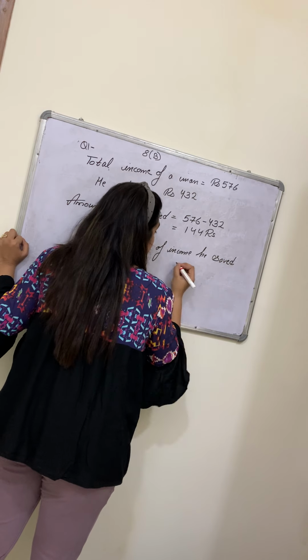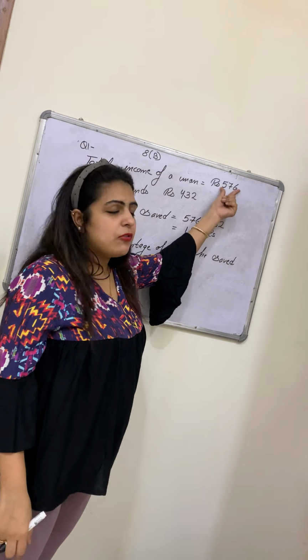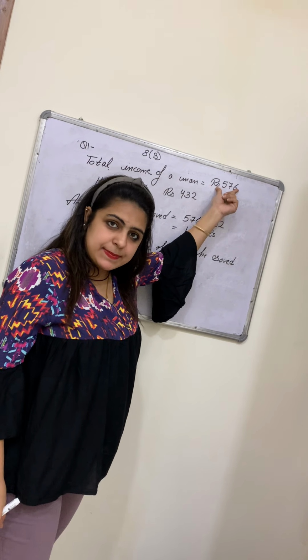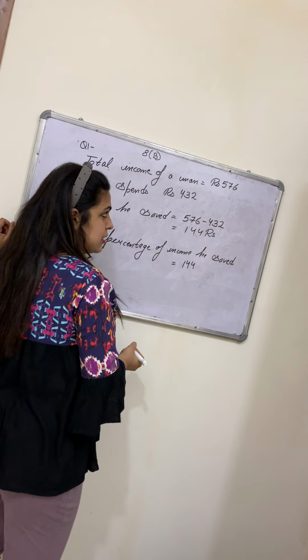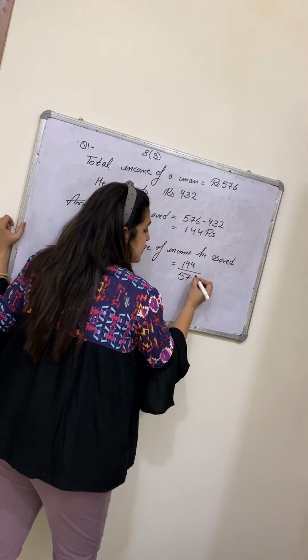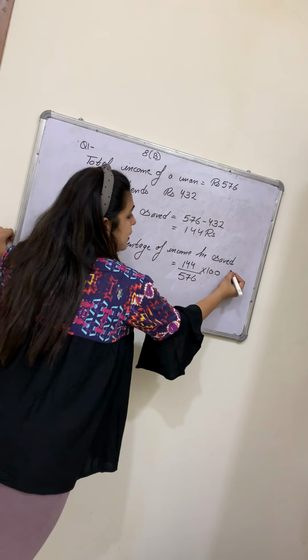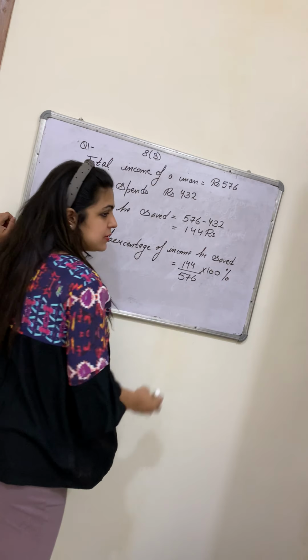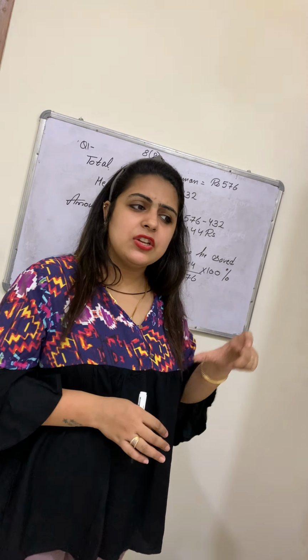What will be the percentage? He saved 144, out of what total amount? Out of 576. So it will be 144 is the amount and the total amount is 576, into 100. Like we did yesterday, we calculated the percentage of one amount with respect to the other.